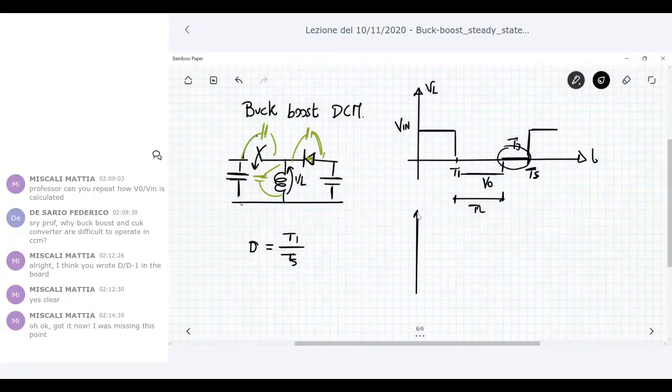What happens to the current through the inductor? We are in DCM, so we have to accept that the current goes to 0 for a short interval during TS.